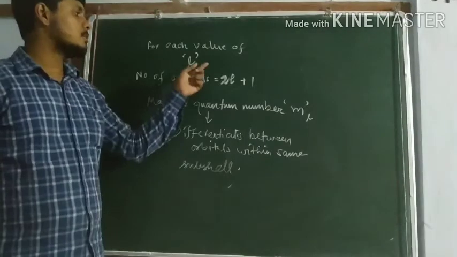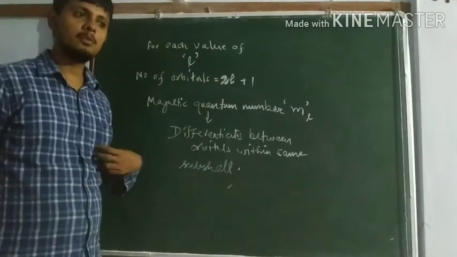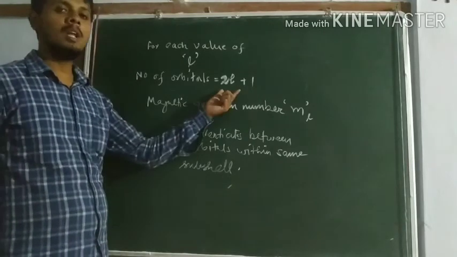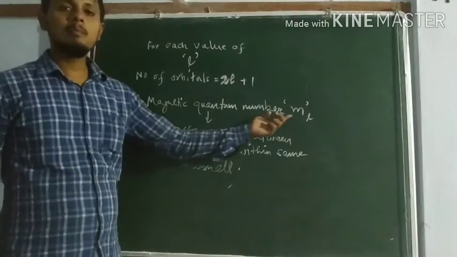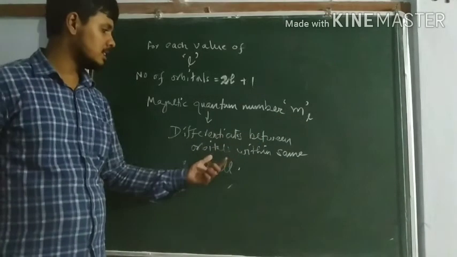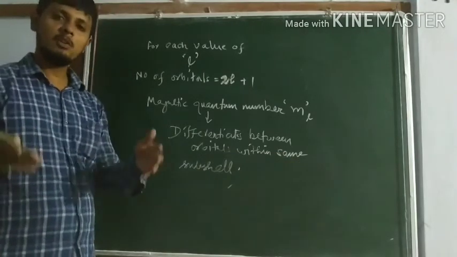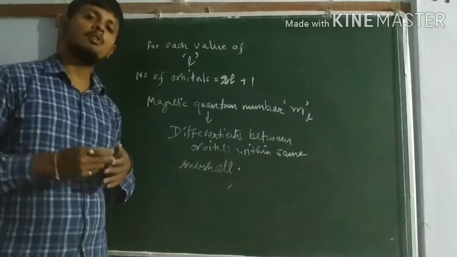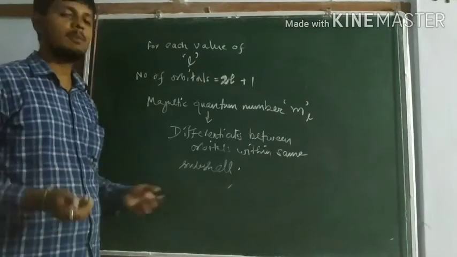So for each value of L, the number of orbitals is 2L plus 1. This magnetic quantum number ML differentiates between orbitals within the same subshell. A subshell can have more than one orbital, and the differentiation between which orbital is which is made by the magnetic quantum number.